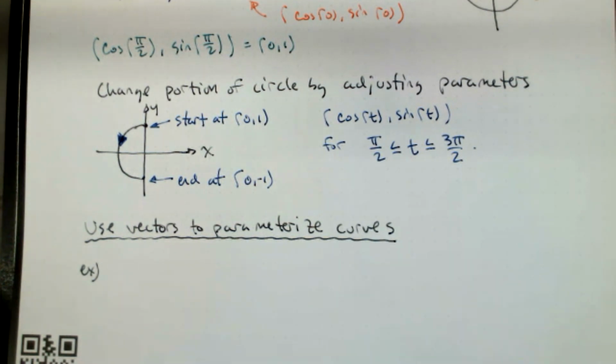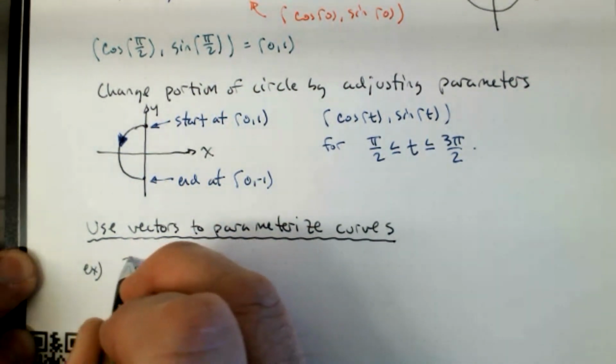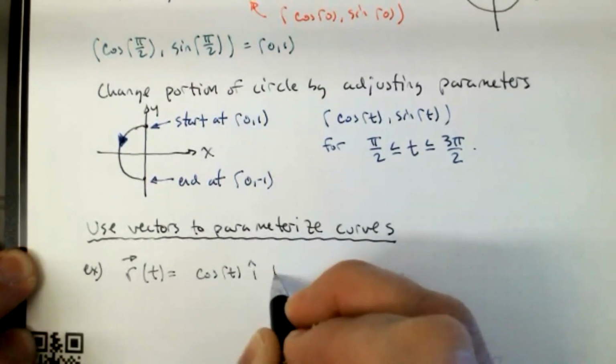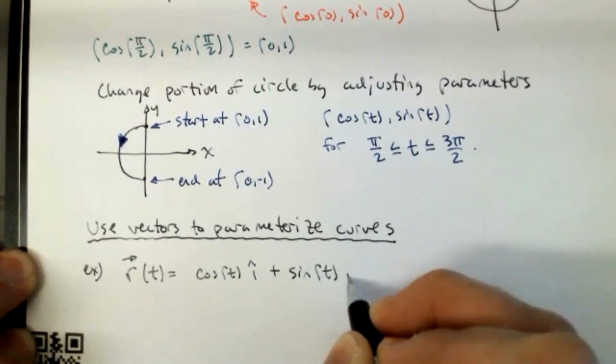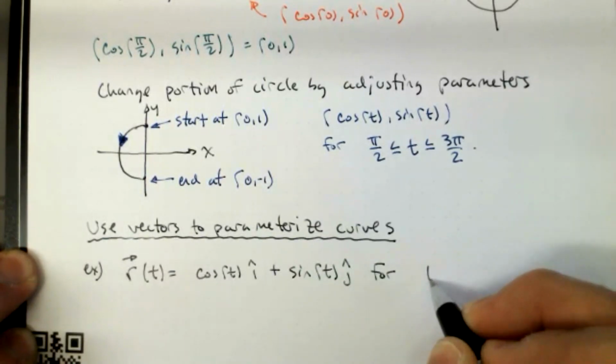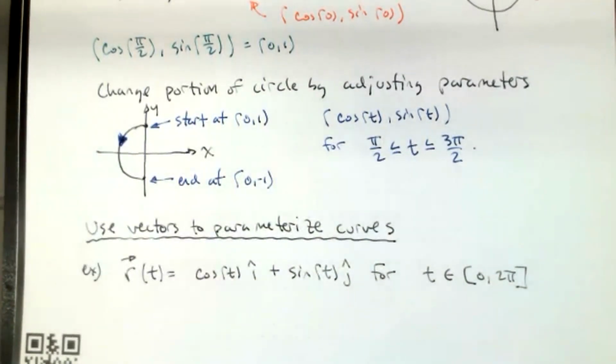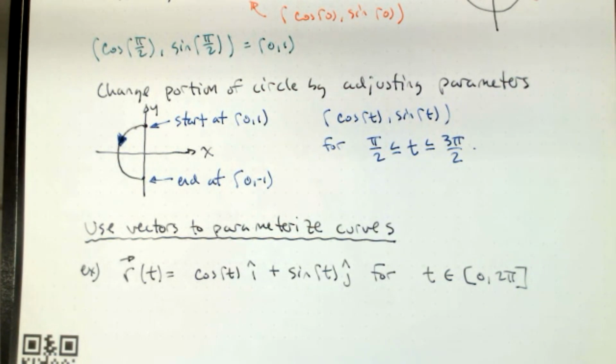And then I can give the vector name to our curve. So I can list the parameterized curve as a vector.